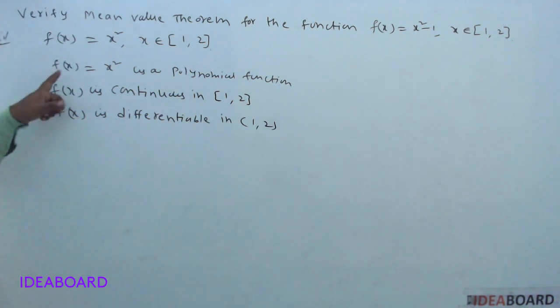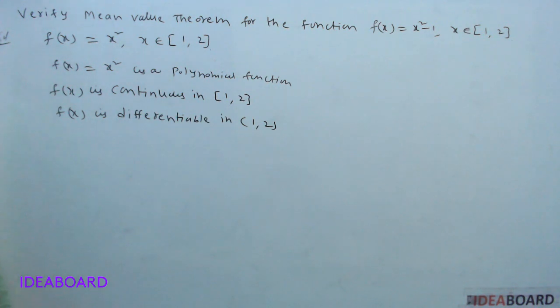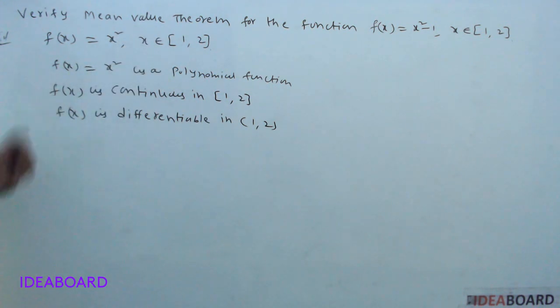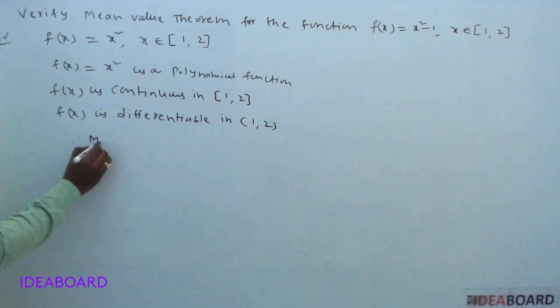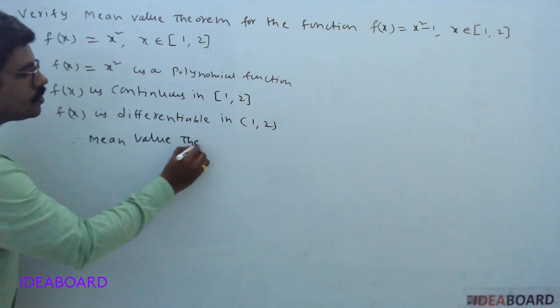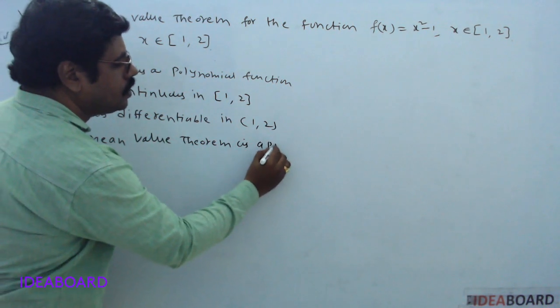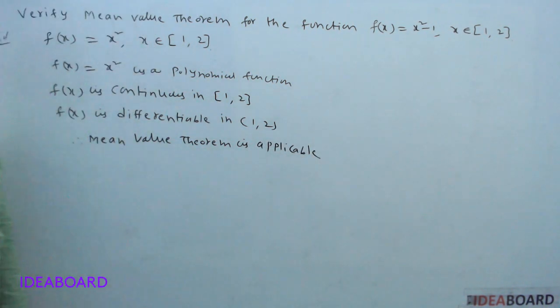Now clearly f of x satisfies these two conditions. So we say that mean value theorem is applicable to the function f of x. So write down that part. Therefore mean value theorem is applicable to the given function f of x.